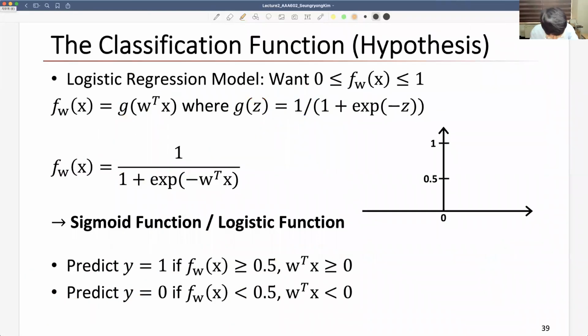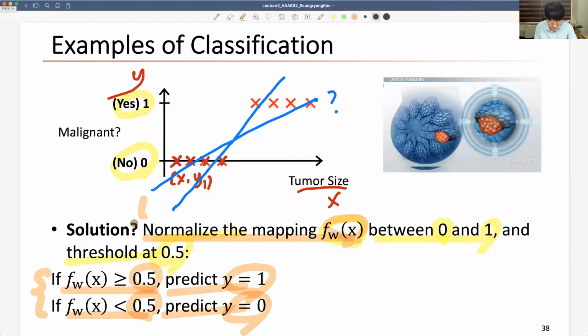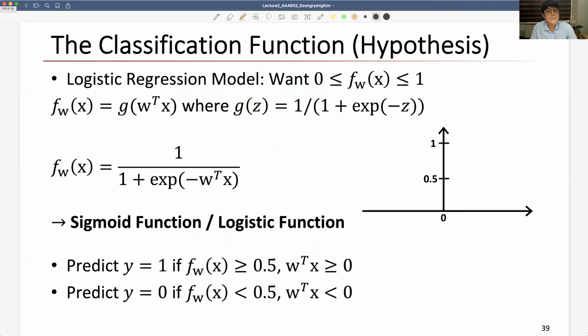Let's see in detail. First of all, how can we normalize, and how can we threshold? We want to make the output of this mapping function within 0 and 1, right? Then how can you do that?